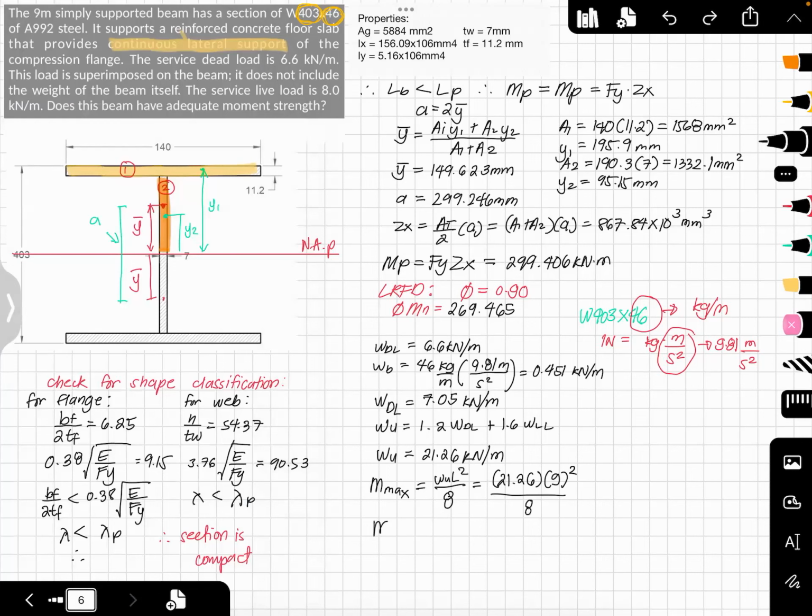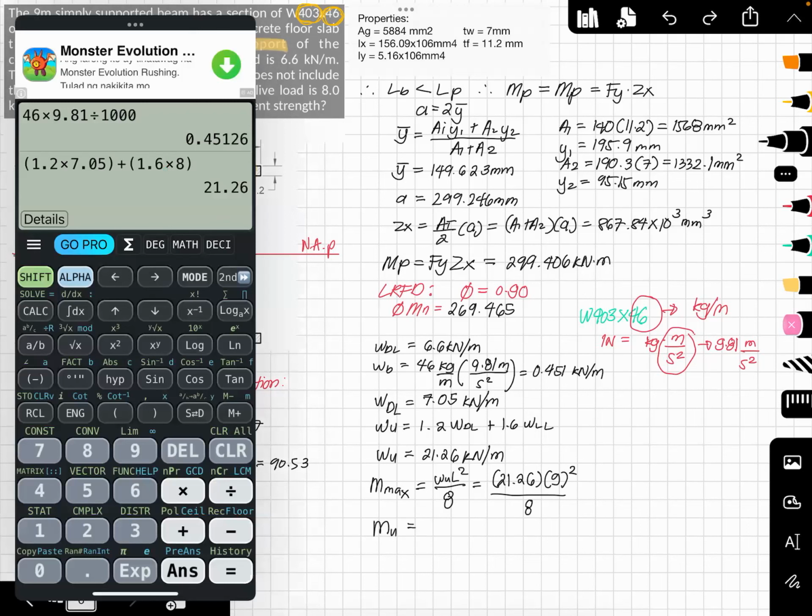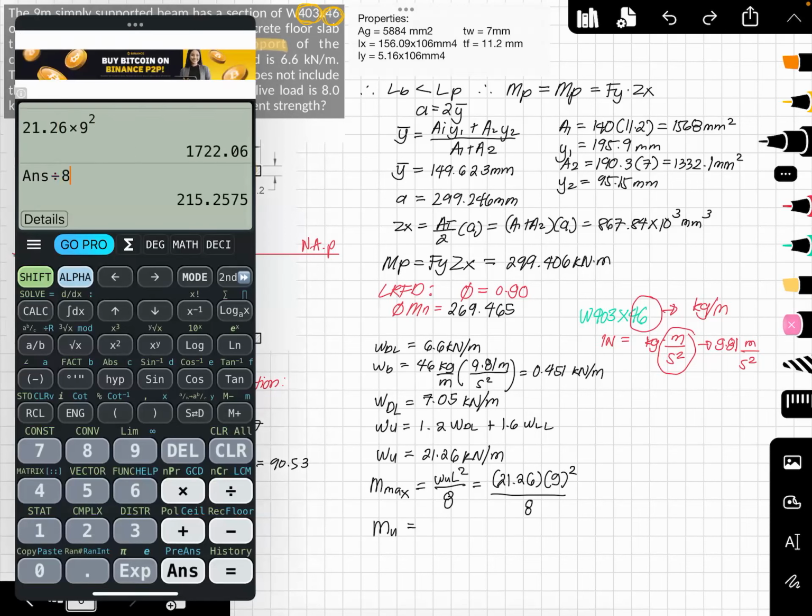So Mu is equal to 21.26 times 9 squared divided by 8, which is 215.26 kilonewton meter.